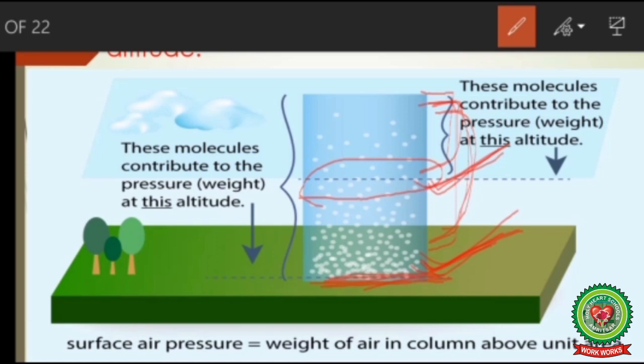So density of air near the surface of Earth is more, and if the density of air is more, the weight exerted by air is also more, so atmospheric pressure will be more. And if the density of air is less, weight or pressure exerted by air is also less, so atmospheric pressure is also less.